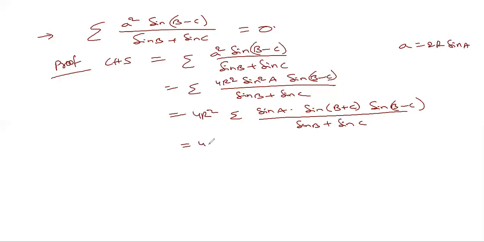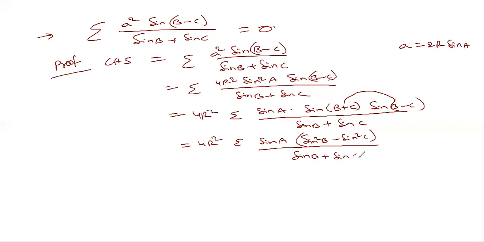You can see this is 4R² into sigma sin A into sin(B + C) sin(B − C), nothing but sin²B − sin²C, divided by sin B + sin C.